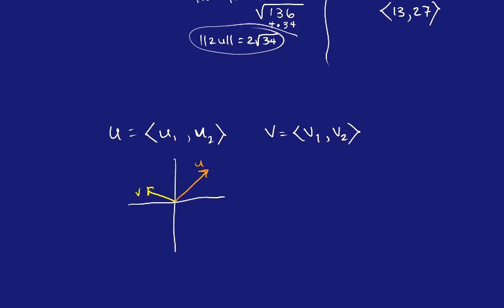So that's vector v. If you're going to find the sum of those two vectors, all you have to do is create a parallelogram. So at the end of vector v, I'm going to put an identical vector u. It's my best to make it identical. And then at the end of vector u, I'm going to put an identical vector v to the best of my ability.